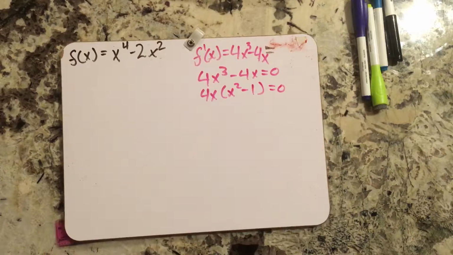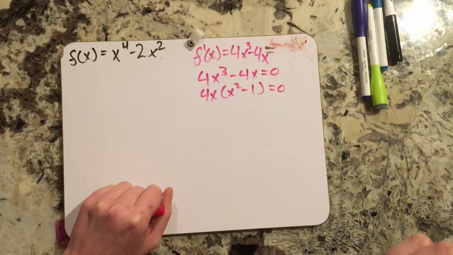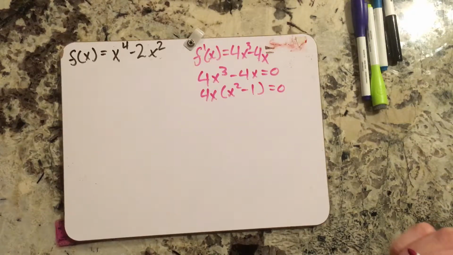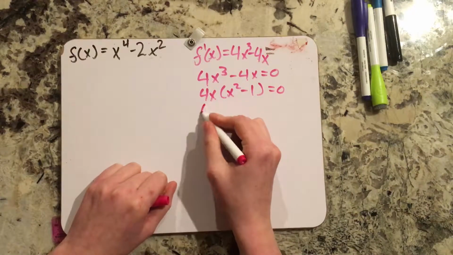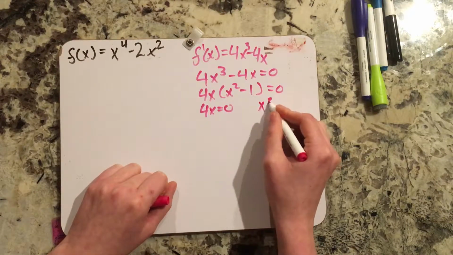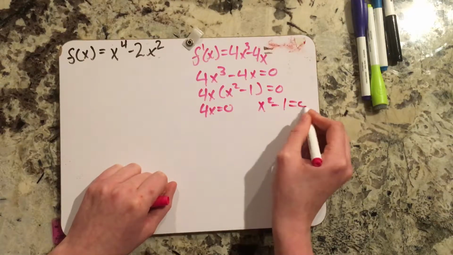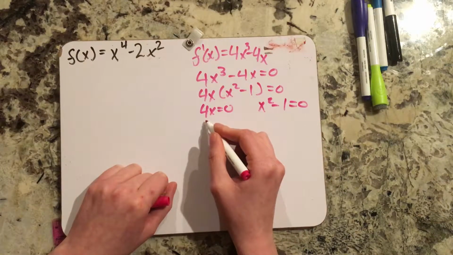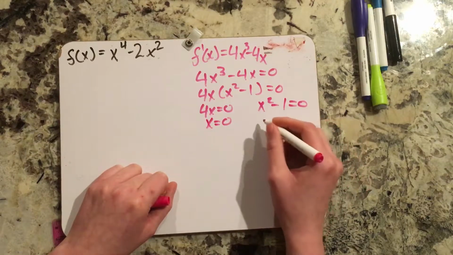And now this is just like your zero product property. I believe that's what it's called. I'm going to set this 4x equal to 0, and I'm going to set our x squared minus 1 equal to 0. So here I am going to divide out this 4. x is going to equal 0 for one of my critical points.